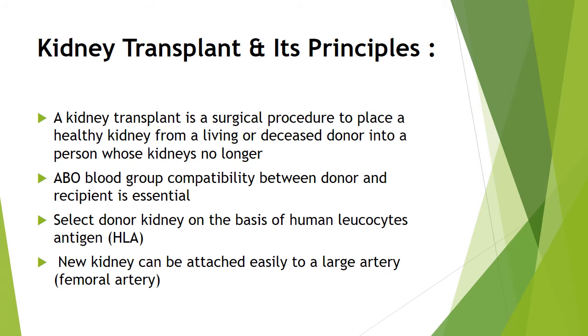It means if the recipient has blood group A, the donor should have blood group A as well. Or if the recipient has blood group B, the donor should have blood group B as well. So the compatibility between the donor and the recipient is very necessary, which is the blood group compatibility, that is A, B and O.